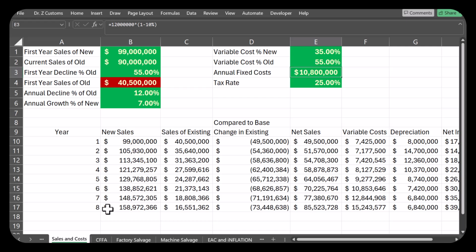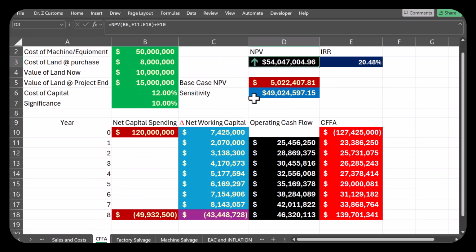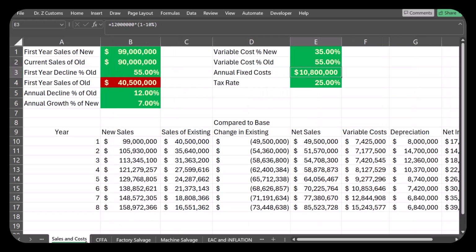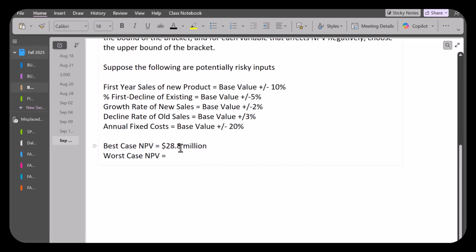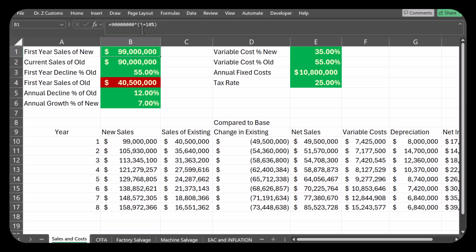So it's 54.0 million. I'm going to round it up to that. Now let's change the signs of these.